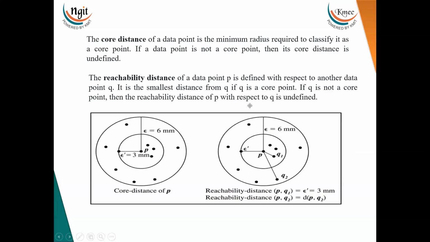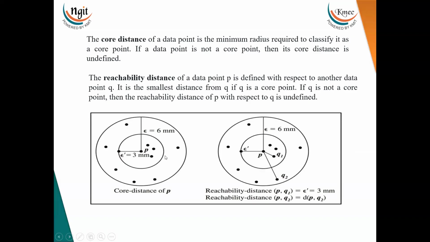Now, as we have already discussed, we have two terms here called core distance and reachability distance. Let's understand what core distance is. The core distance of a data point is the minimum radius required to classify it as a core point.